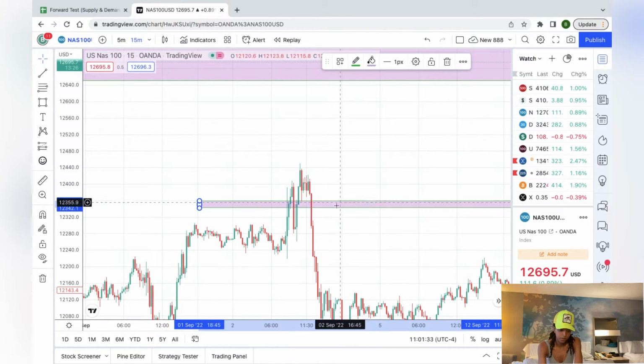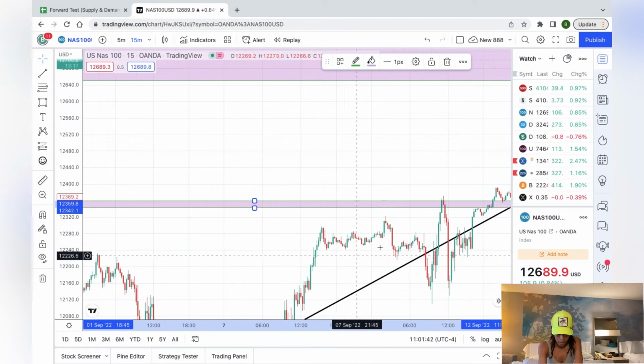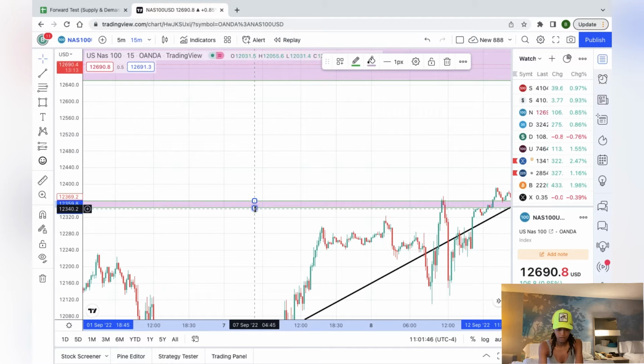But as you can see, family, we did touch here once, twice, to my zone. Down here, these aren't necessarily touches, but they got close. That's all about how big you make your zones. But at the end of the day, we can say this is a solidified zone. It touched this area 3 times. I would say a zone is solidified if it can touch at least 3 times.